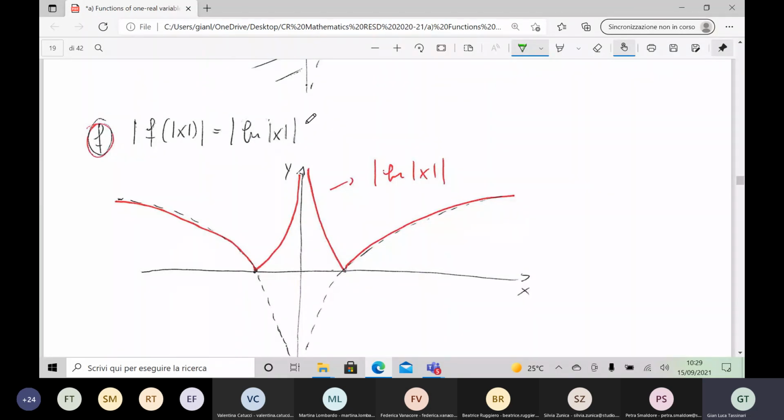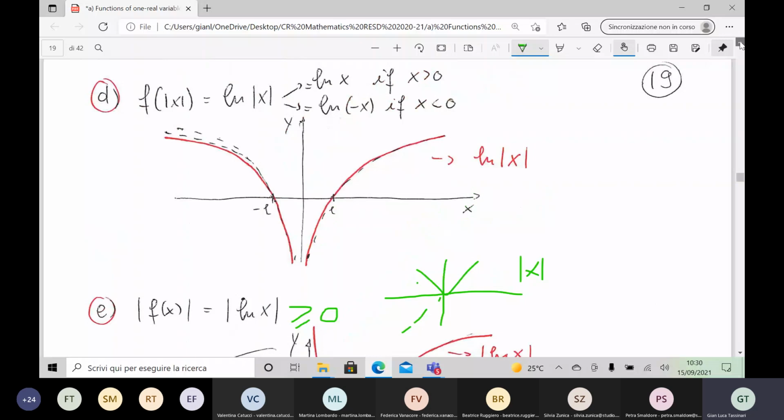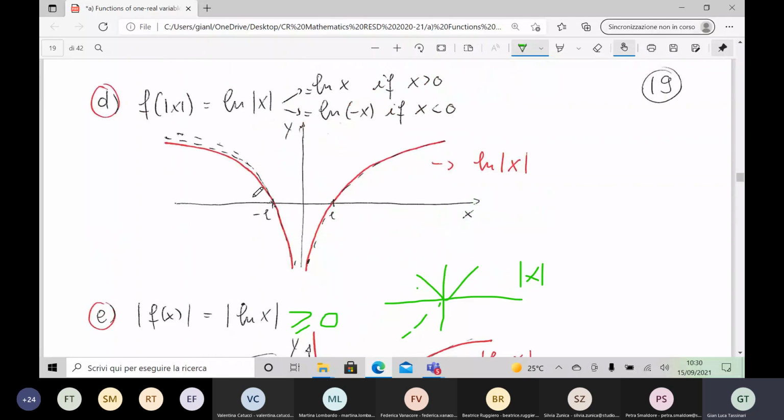So the graph of this function is greater or equal than 0, and this graph will always lie above the horizontal axis. So as we did previously, I suggest to plot first the graph of the inner function. We did already the graph of the inner function, because it was this one. So first plot in black with non-continuous line this graph, which is the graph of the inner function.